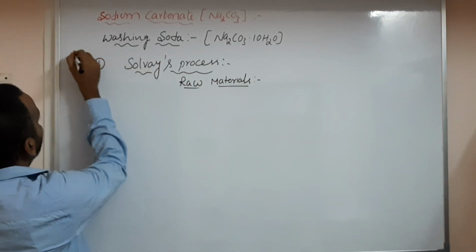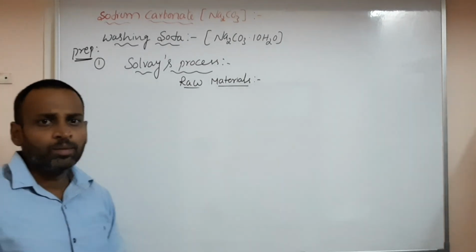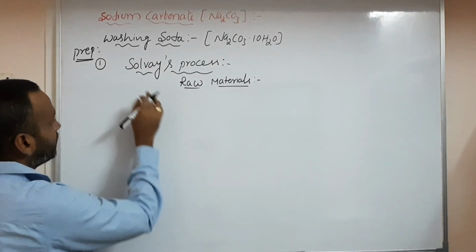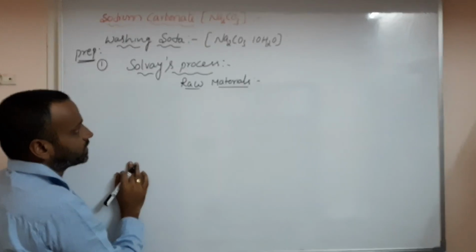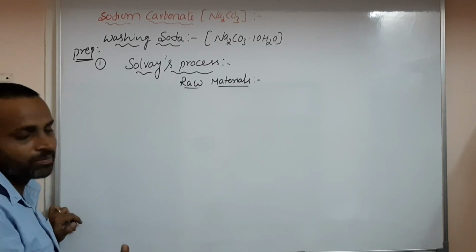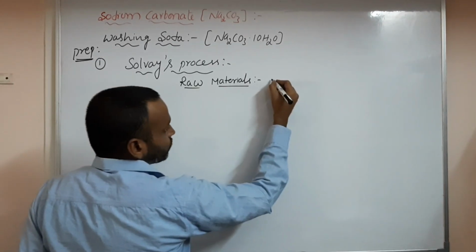Now let's see the preparations of this sodium carbonate one by one. In that, the first one is the Solvay process. The raw materials, meaning the starting materials required to prepare sodium carbonate, we have to know first.